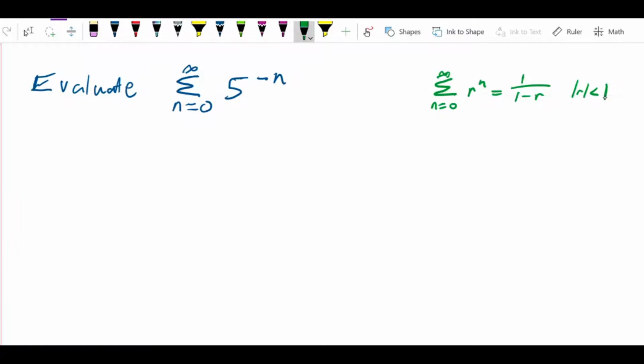So if we look at this, we don't have quite the form that we need. Up here we have negative n, and here we seem to have a base for which it's certainly not true that its absolute value is less than 1.